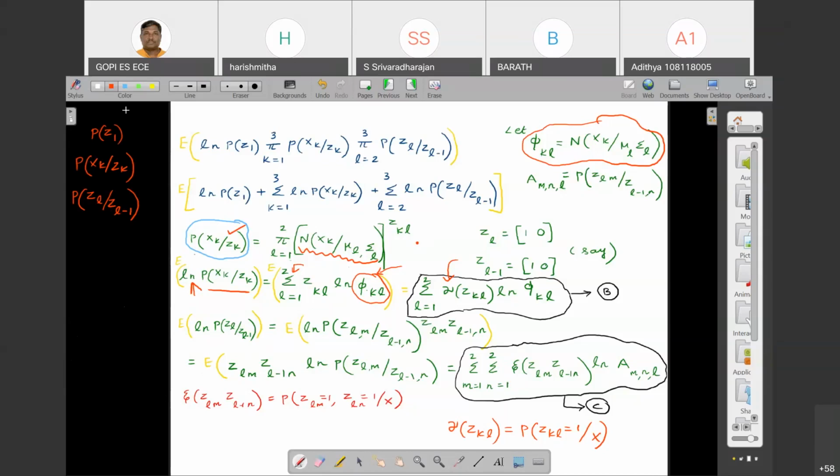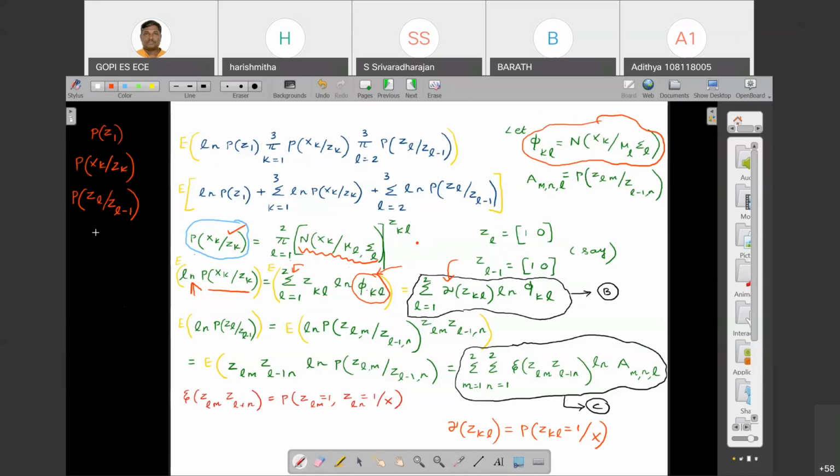Here in this case, what is the transition probability? Probability of ZL given ZL minus 1. So how to represent that? That is needed now. You can see that it's getting highlighted with the elements in it.